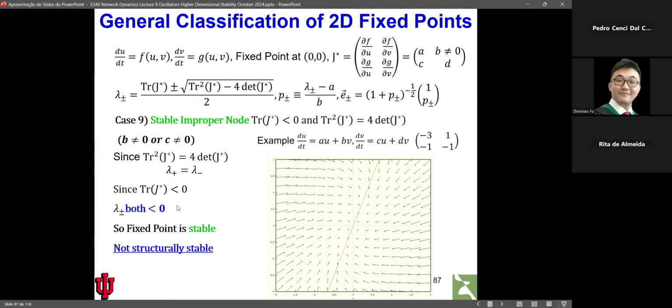So both are less than 0, then it's a stable thing. And if they are 0, they are equal, and then they have something like that. Okay.